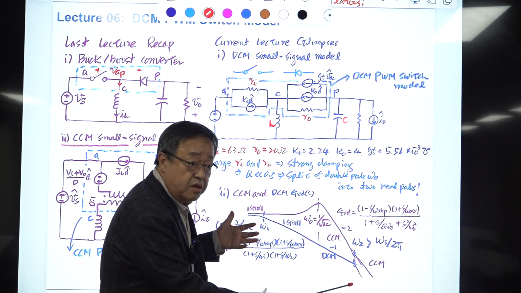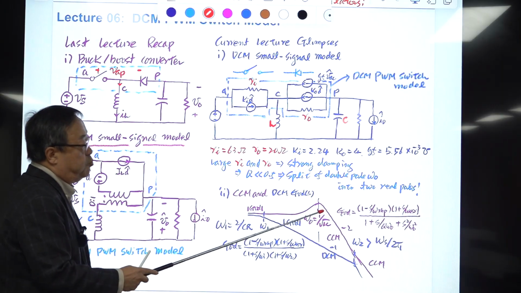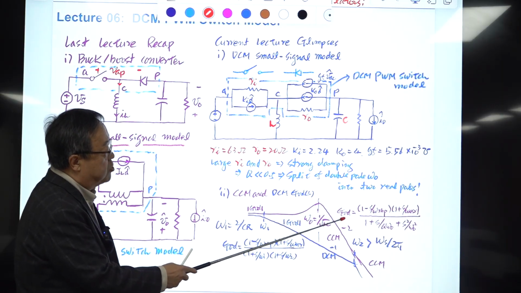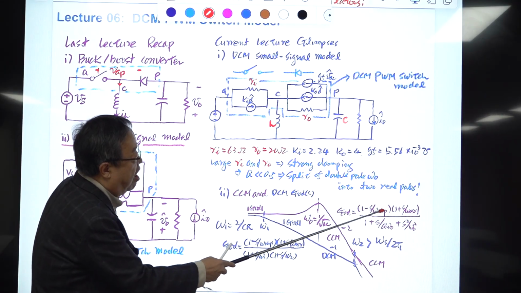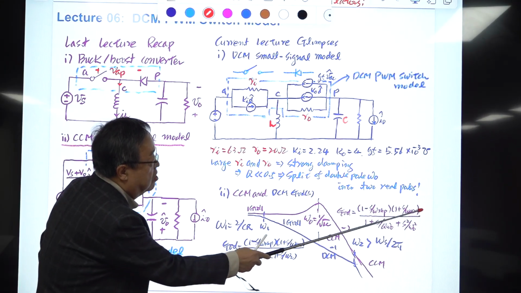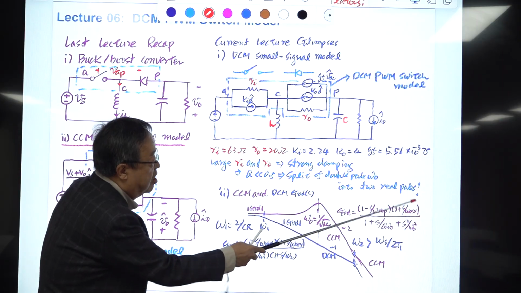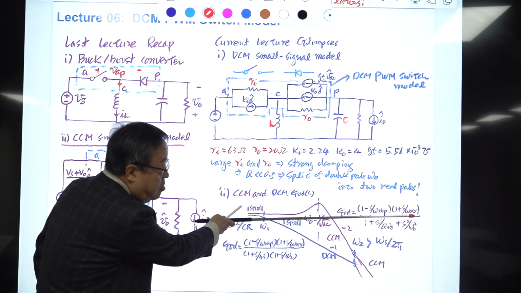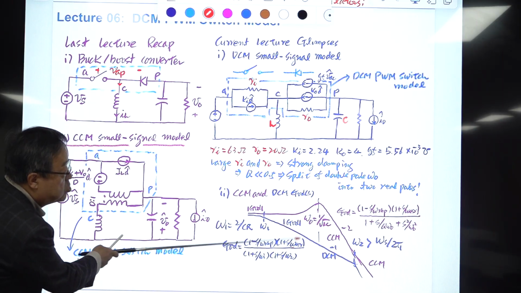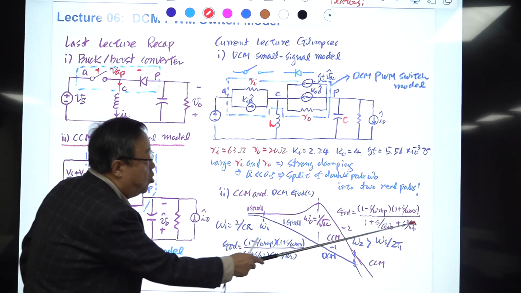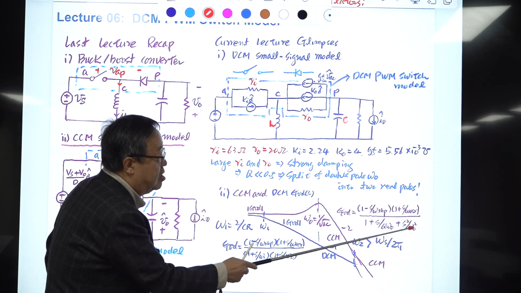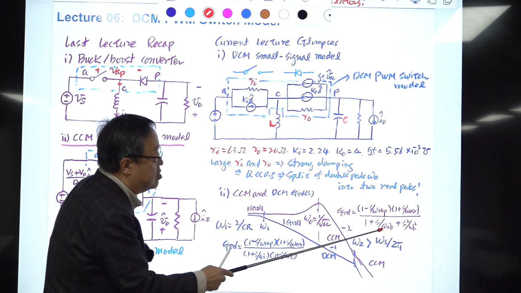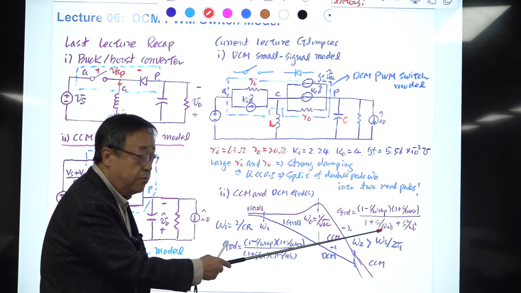Okay. In particular, the expression of the duty ratio to output transfer function in CCM is this one. This is the RHP zero, and omega ESR zero is in the numerator. They remain the same in both cases, but this is the denominator. This is a quadratic function, so it has a double pole and a Q value larger than 0.5.